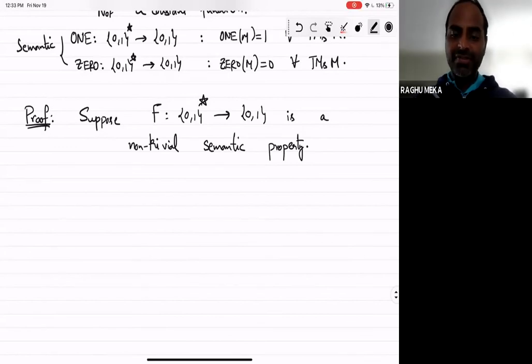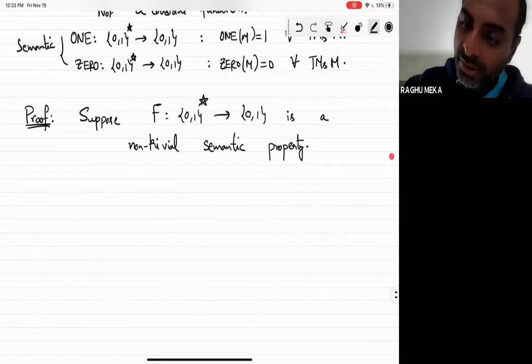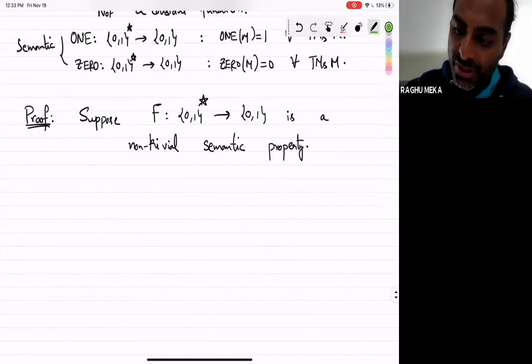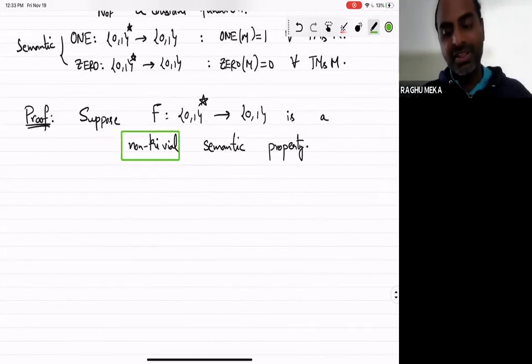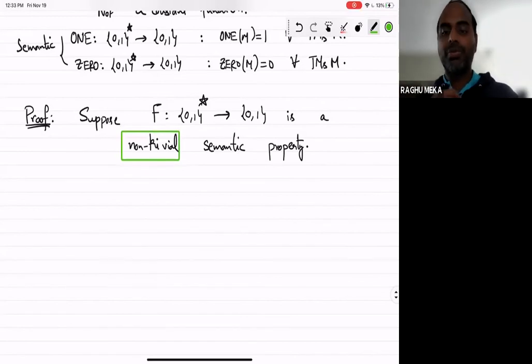So let's set up some understanding of how to use this. What does non-trivial mean? We have to use both of these things, otherwise we won't be able to prove it.